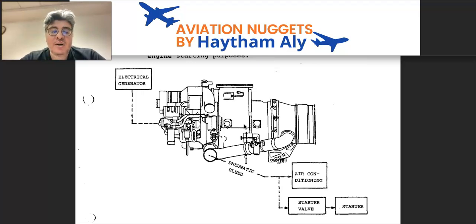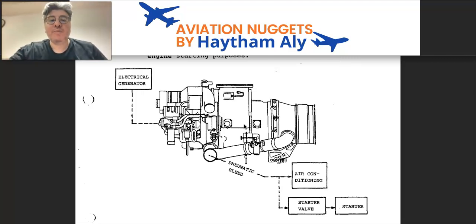The APU is meant to allow the aircraft to be independent from ground carts or ground support equipment when the aircraft is on ground.